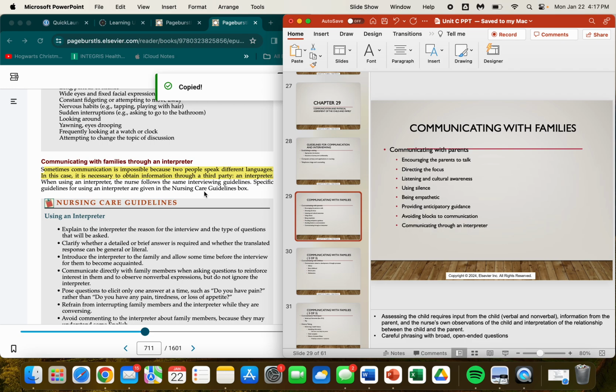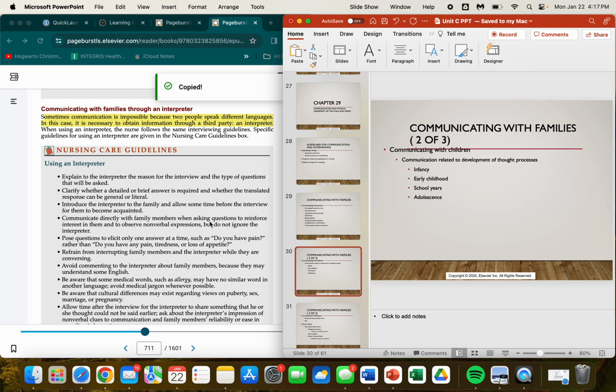You cannot use a family member. You cannot use a third party, because you need to know 100% that the translation comes through somebody who can objectively give that information. It cannot be deterred by a family member or somebody else in the room. So we always want to use an appropriate approved interpreter.